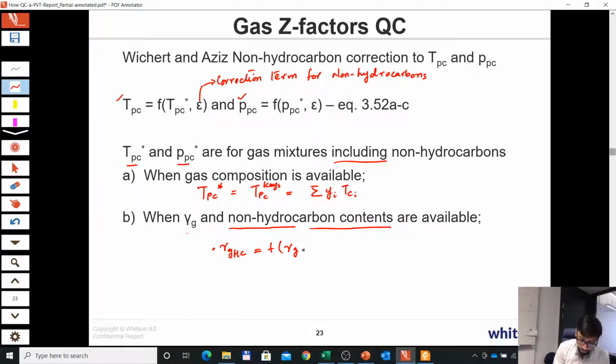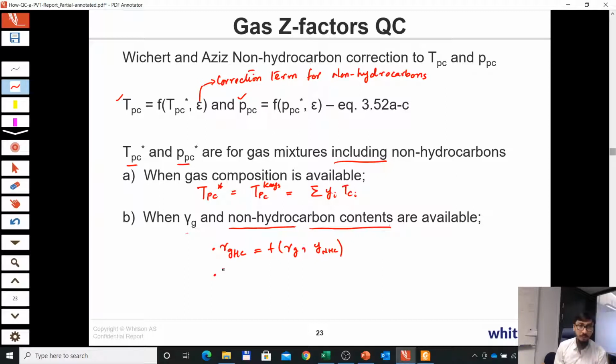And then you need to know the amounts of the different non-hydrocarbon components, like nitrogen, H2S, CO2. How you calculate this using these numbers is given in the SPE monograph, and we will see those equations being implemented in the Excel sheet that we'll be using for this QC.